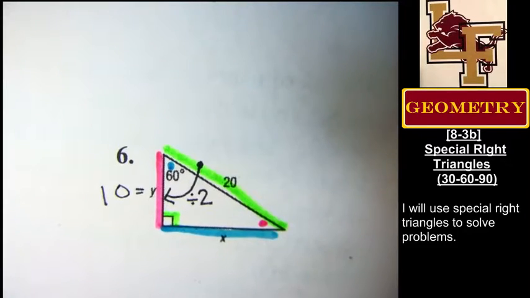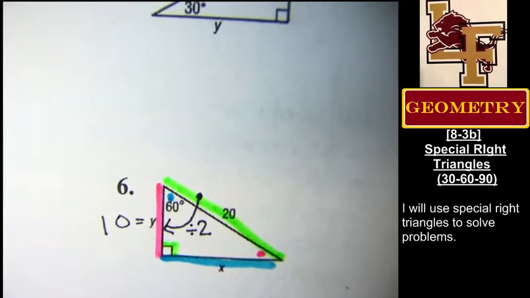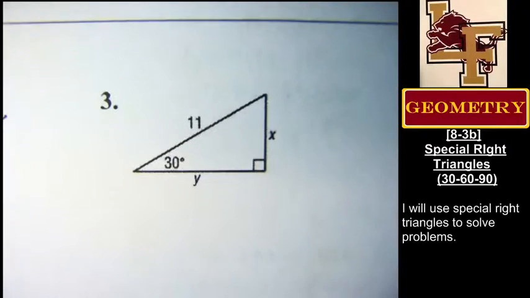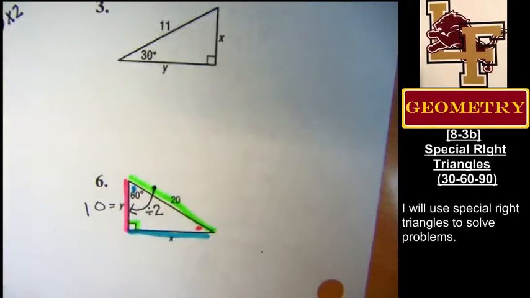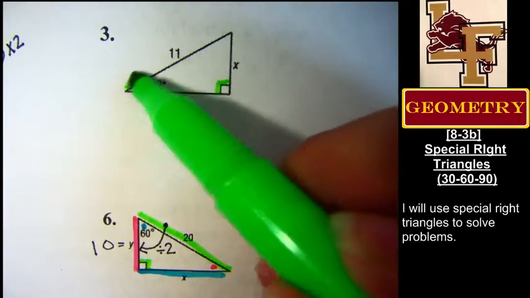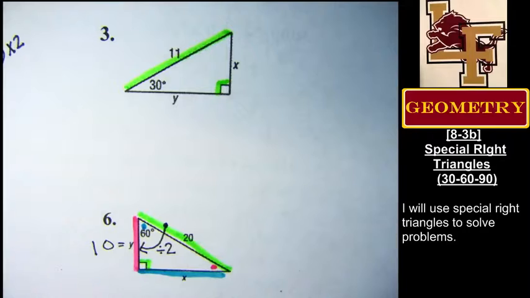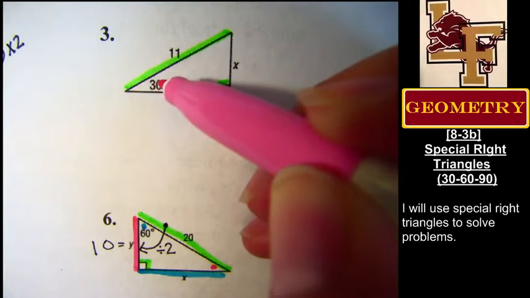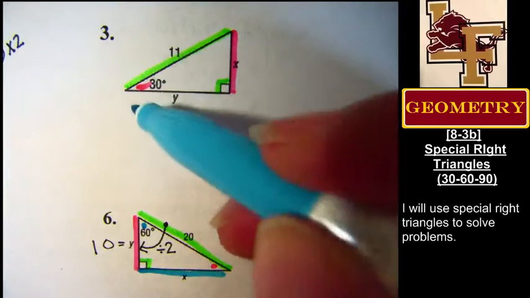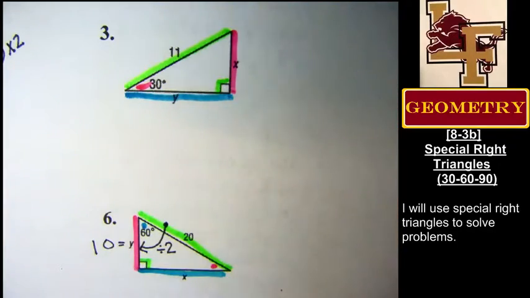Let's look at number 3, because number 3 has an odd number. Zoom out just a little bit. Here's our right angle. This is the hypotenuse. Here's the 30-degree angle. That makes this the short leg. That makes this the long leg.